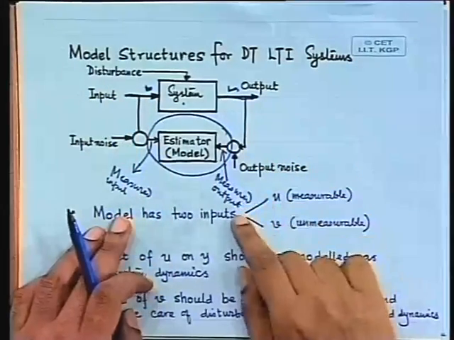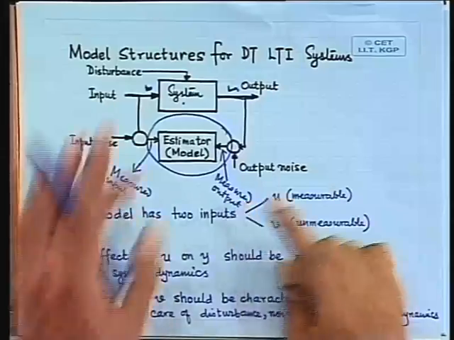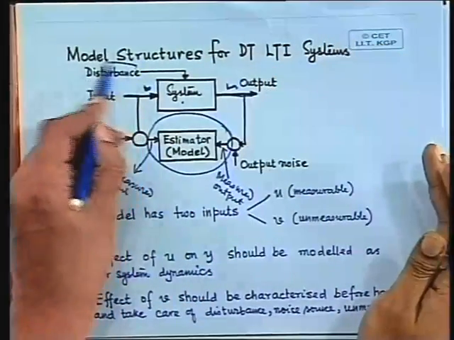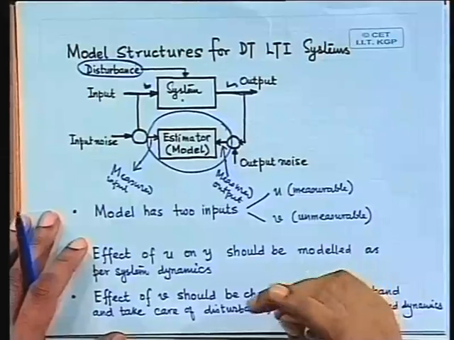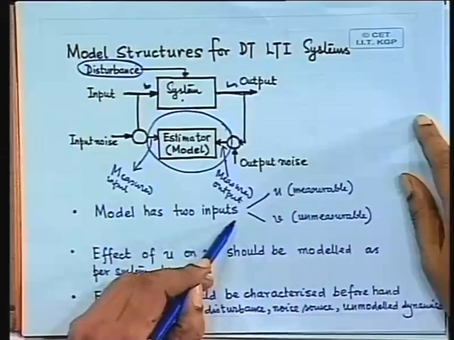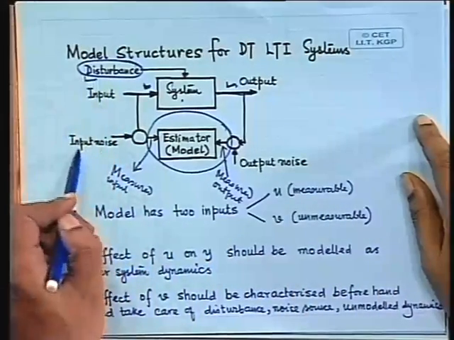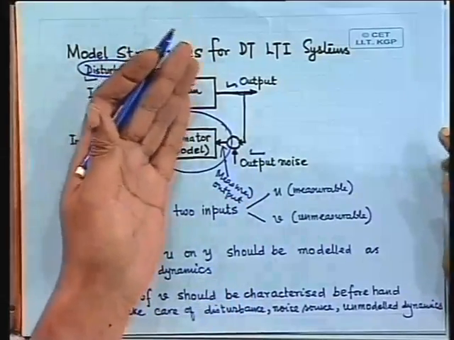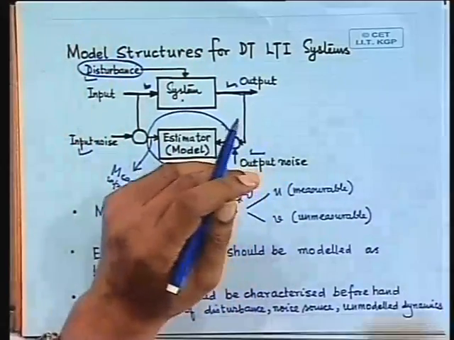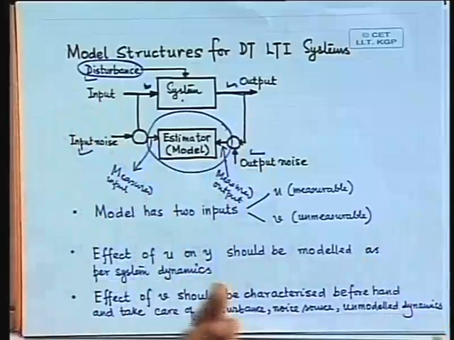Okay. So several other factors are coming in, apart from the fact that the plant itself may have disturbance which you have not modeled. So in general, all these effects, this disturbance, this noise, any dynamics which you have ignored, all such things you are going to lump together.